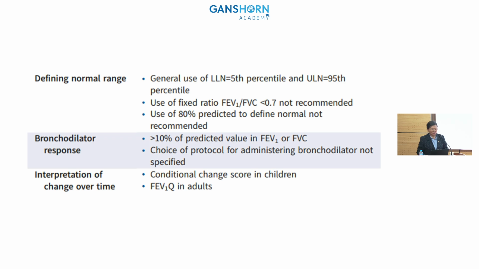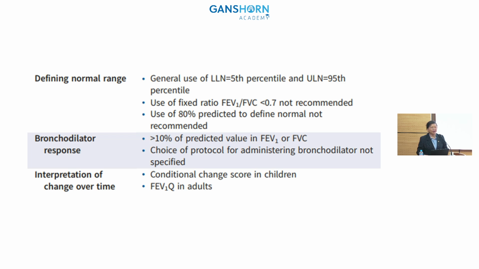And we will not use 80% predicted to define normal, but use LLN. It is a very important point, and I think that with our new machine, we will have the LLN, the GLI, and the Southeast Asian reference.